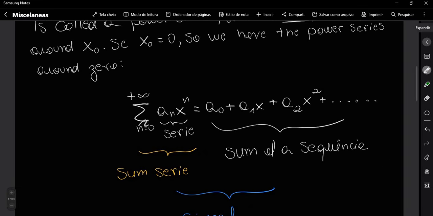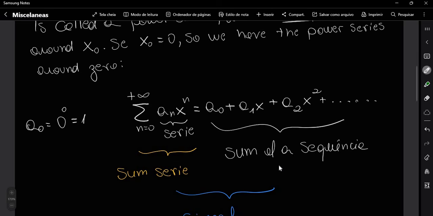Okay, so if this lower limit starts at 0, then a0 is equal to 0 to the 0, which is equal to 1.